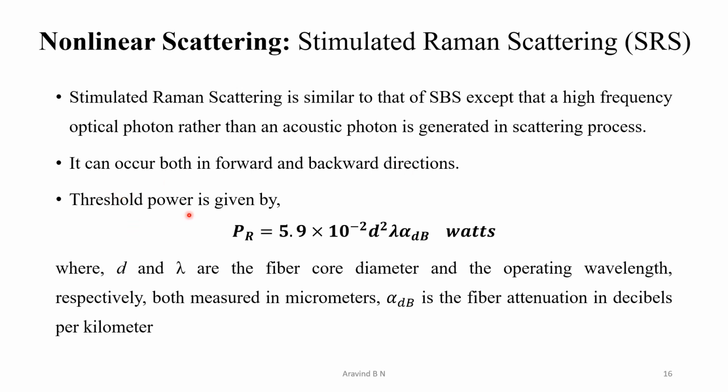The threshold power for this is given by P_R = 5.9 × 10^-2 d² λ α_dB watts, where d and λ are the fiber core diameter and operating wavelength respectively, both measured in micrometers, and α_dB is the fiber attenuation in decibels per kilometer.